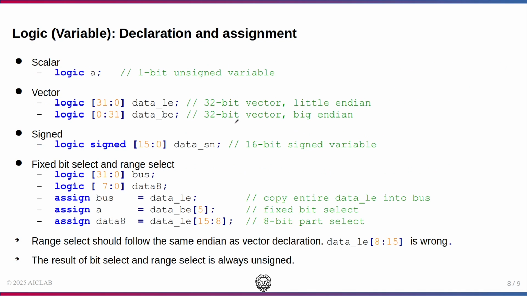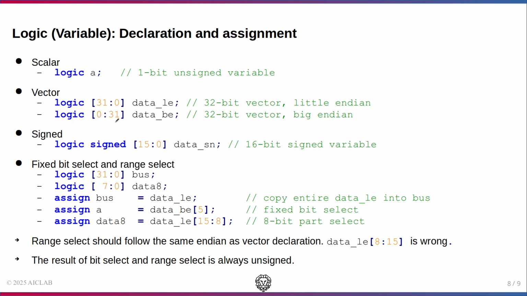Logic or var logic declaration and assignment. By using logic A, you define a 1-bit unsigned variable. And logic [31:0], you define a 32-bit vector, little endian.